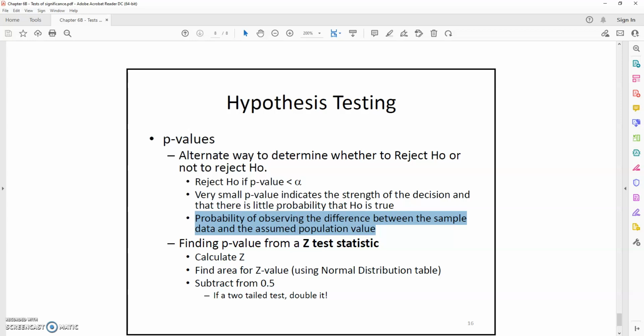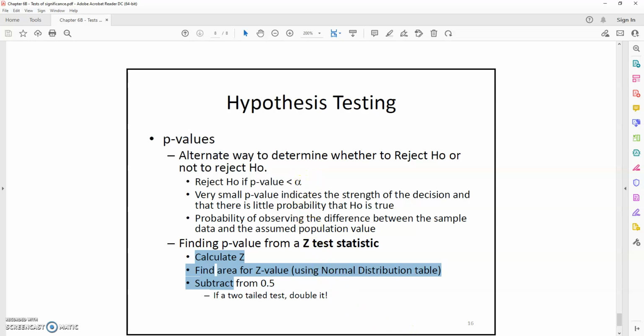If it's a two-tailed test, and there are keywords that will tell you if it's a two-tailed test in the question, we double that value. This process is similar to the three-step process that we used back in Chapter 5 when we were calculating z, or calculating a probability of something. So calculate z, find the area using the normal distribution table, and then subtract it from 0.5.